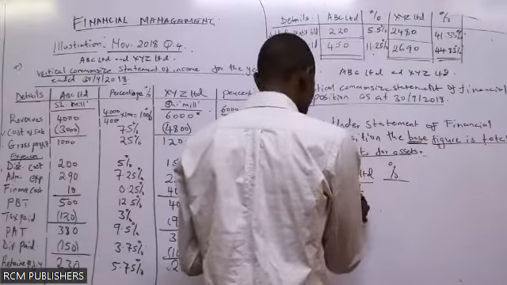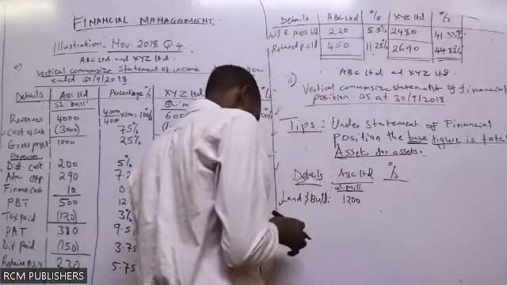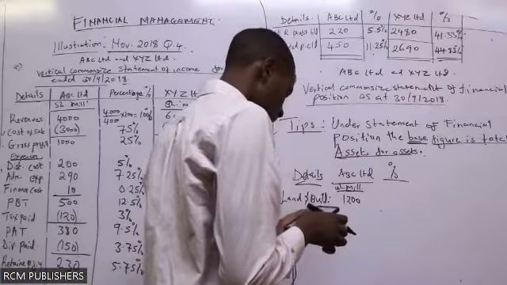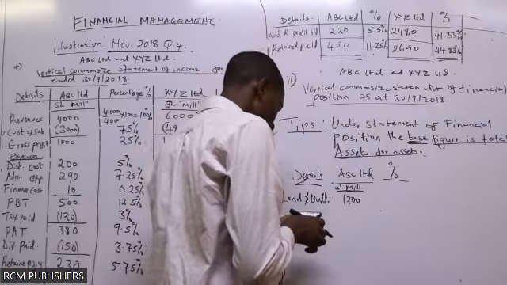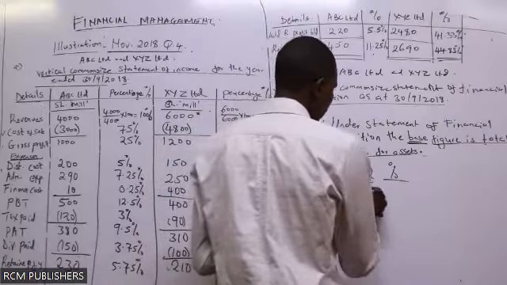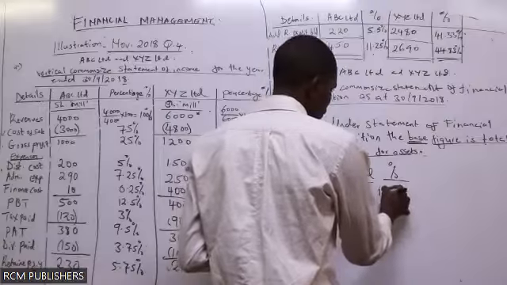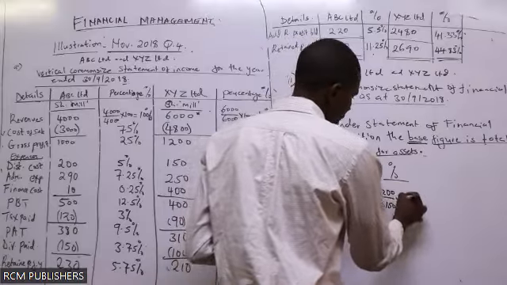Land and building is 1,200. So what is our total assets? Total asset ni ngapi for the ABC? Is it that 3150? So to get the percentage for this, I have to take 1,200 divide by 3150, then I multiply by 100.